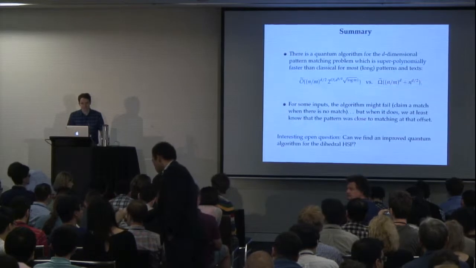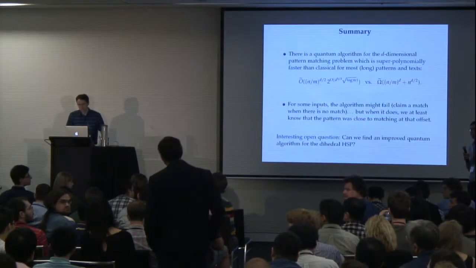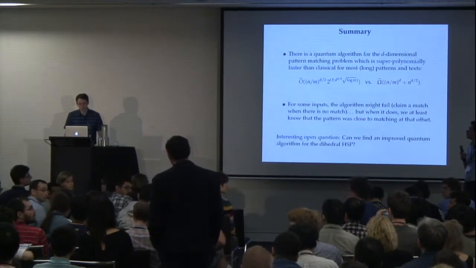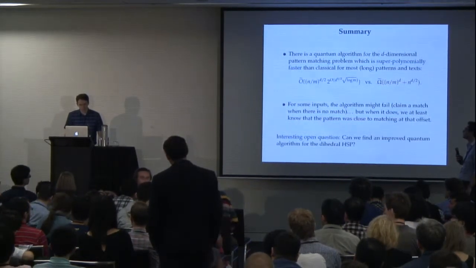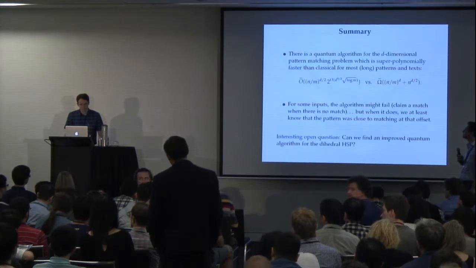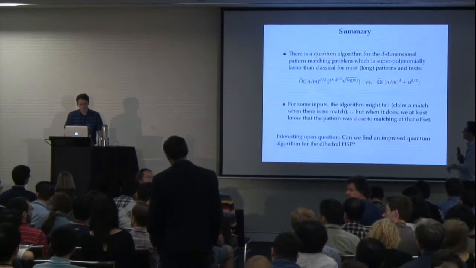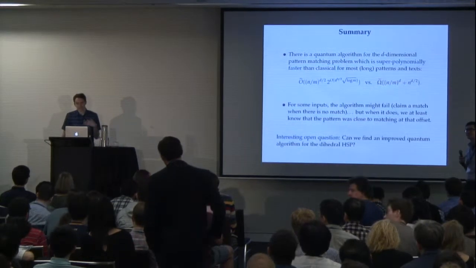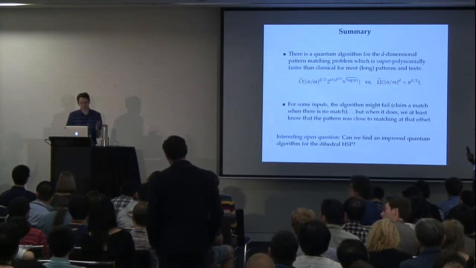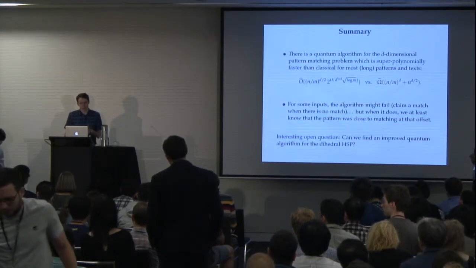Okay, one very last question. If we consider a special case where n is not too much larger than m, say n is 2m, do you think you can have an easy algorithm that has a cost better than 2 to the square root of m? Right, I find it hard to see how to do this without coming up with a better algorithm for the dihedral hidden subgroup problem.